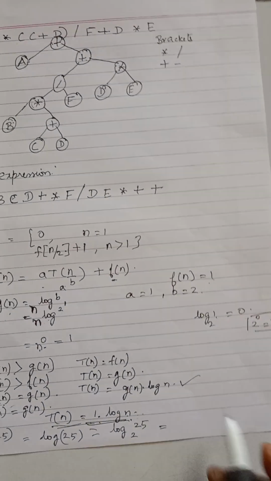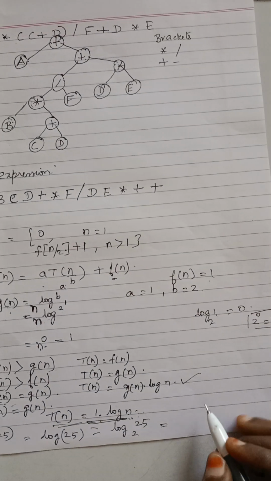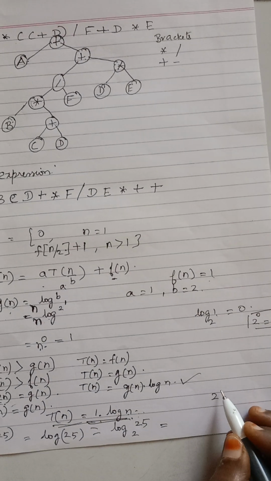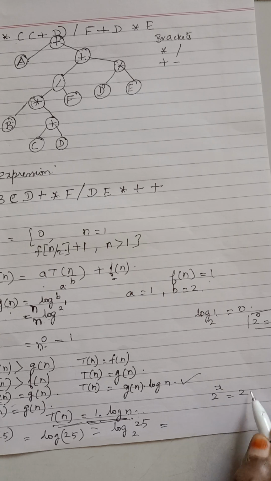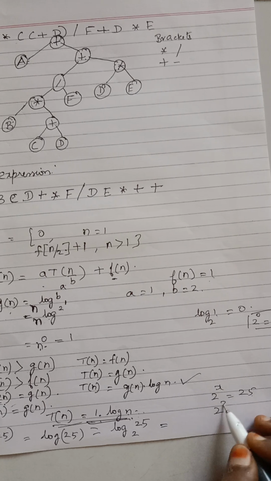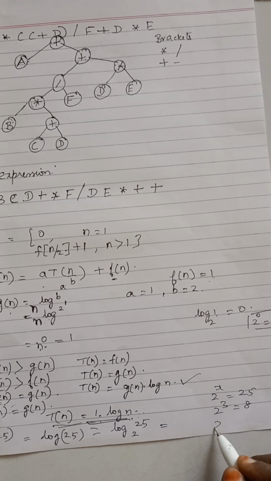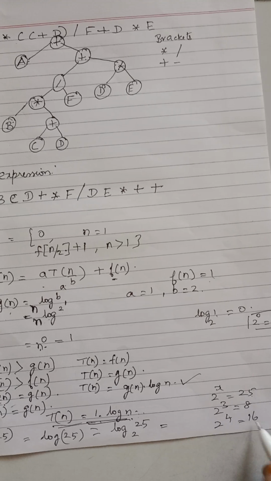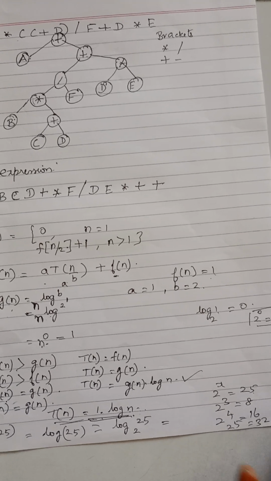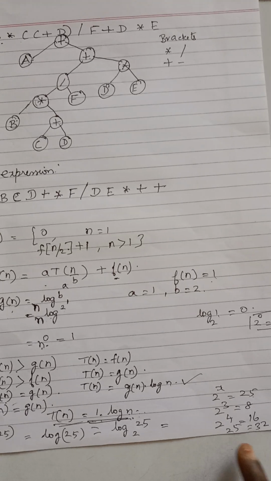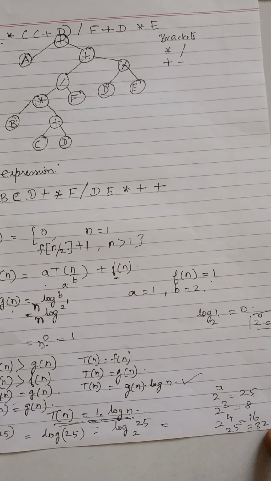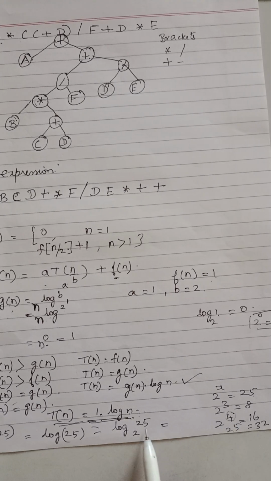Log 25 base 2 is, how will you find out, what is the power of 2 which gives 25. We know 2 cube is 8, 2 power 4 is 16, 2 power 5 is 32. Here 2 power 5 is 32, but what is given is 25.